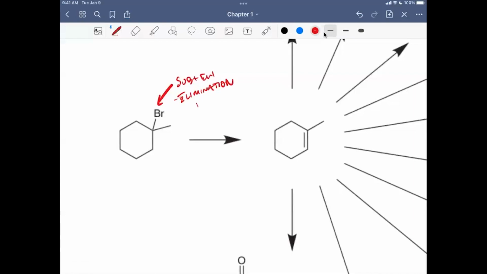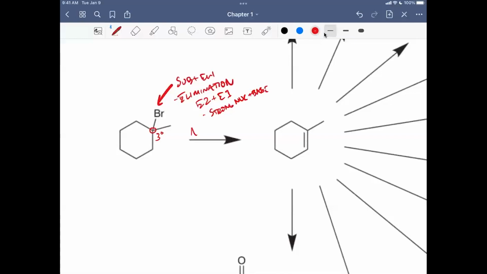Specifically, I guess it doesn't really matter if this is E2 or E1 because you would get the same answers. It's just the mechanistic steps are different. So this one would take, let's see, we have a tertiary carbon that bromine is attached to. So we would need a strong nucleophile and strong base.